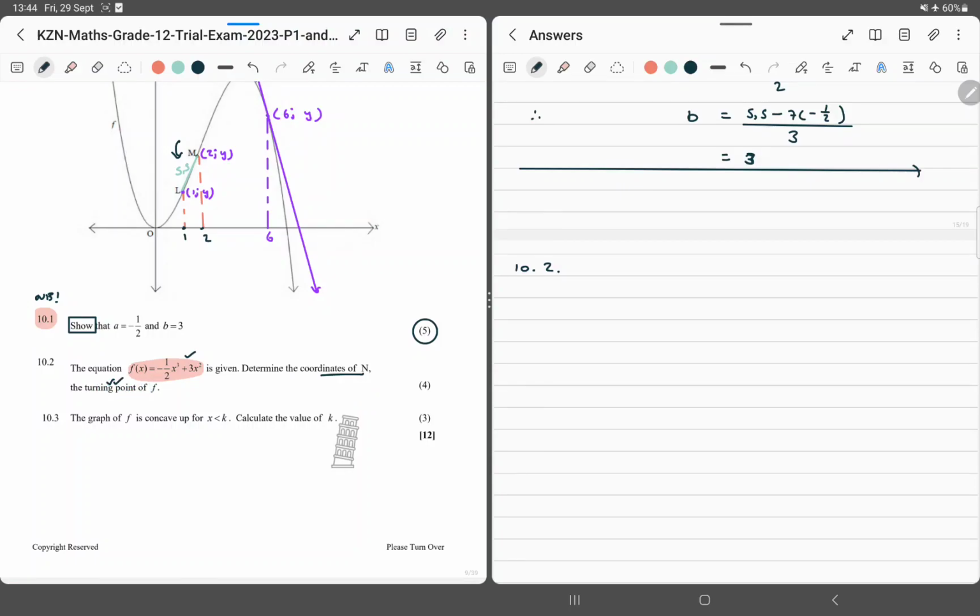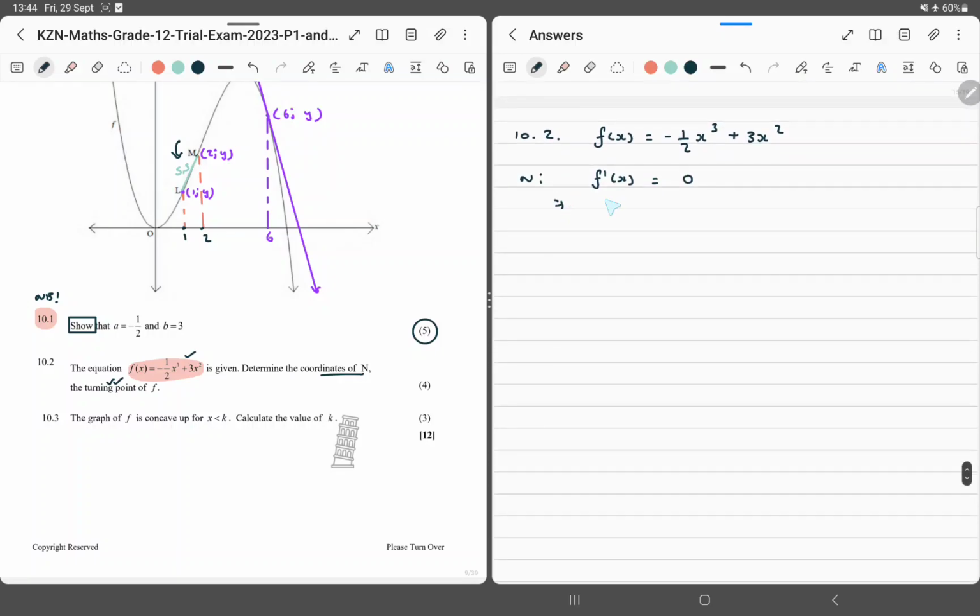So that is easy. We've got f of x is equal to minus a half of x cubed plus 3x squared. So now we can say n is such that the first derivative of x is equal to 0, which implies that we've got minus 3 over 2 x squared plus 6x is equal to 0.